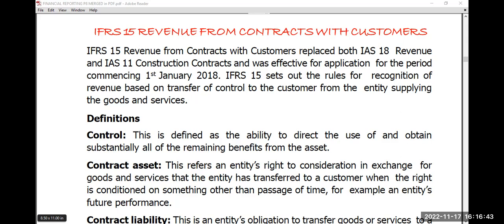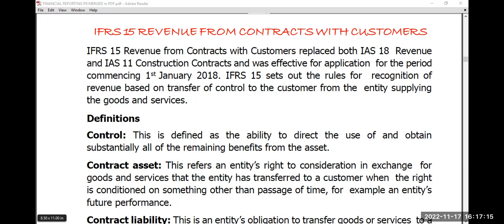But as far as the standard is concerned, we are going to have certain items, or what we call the learning outcomes. If anyone is going to be watching this video on IFRS 15, these are the things that you are expected to get until you complete the whole video.